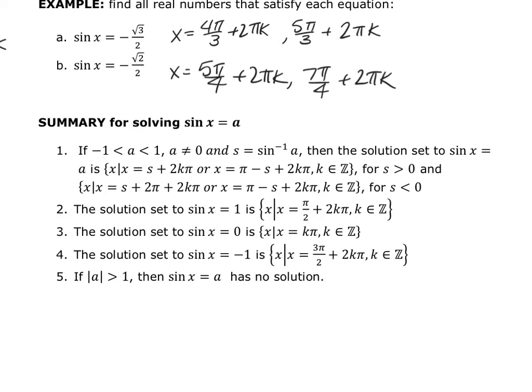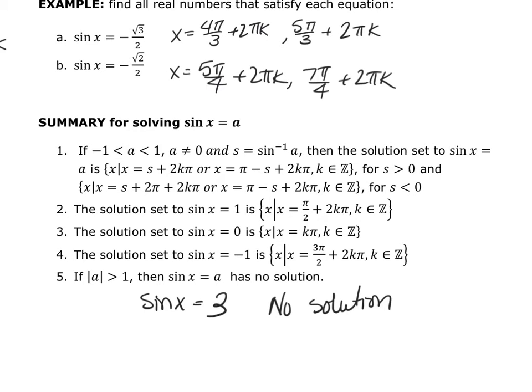If it's greater than 1, then it's a done deal. So if I'm asking you to find the sine of x is equal to 3, because that 3 is not in the range of sine, I say there's no solution and I walk away. Does that make sense?